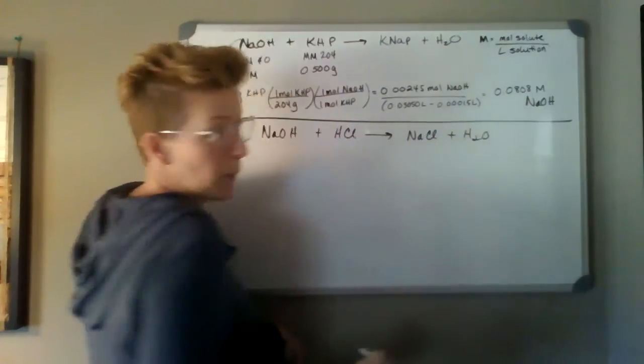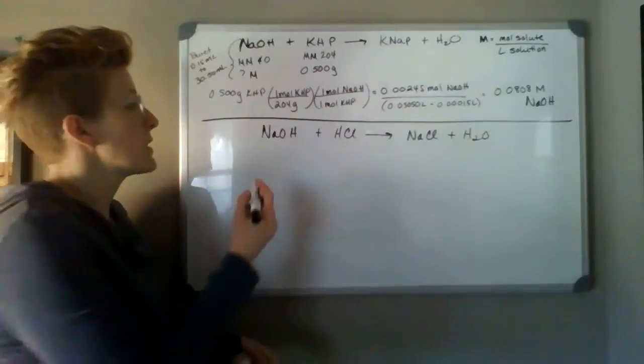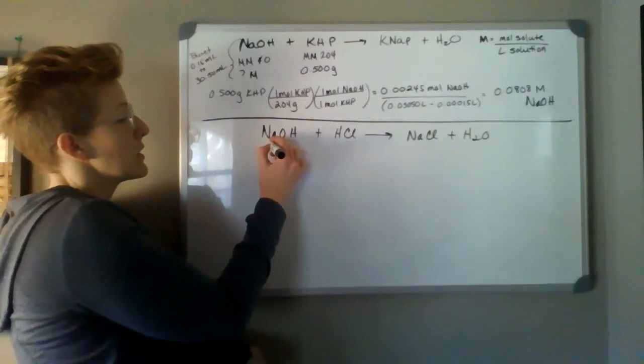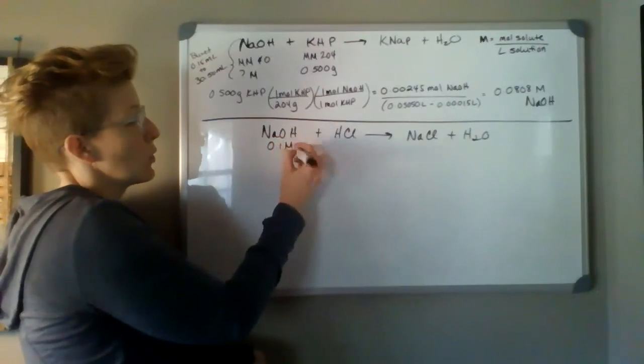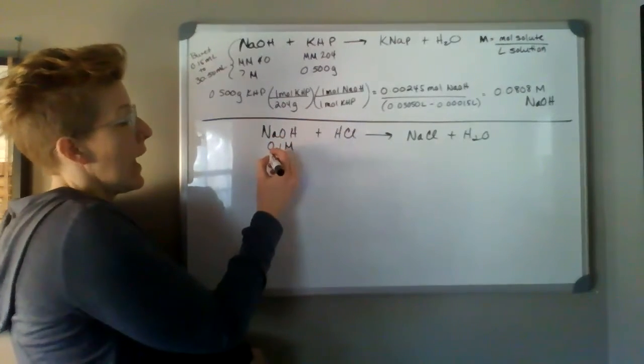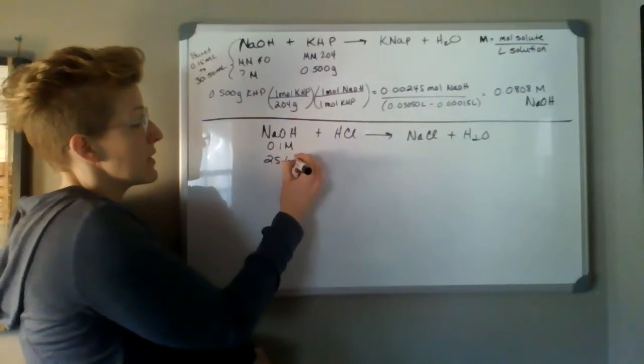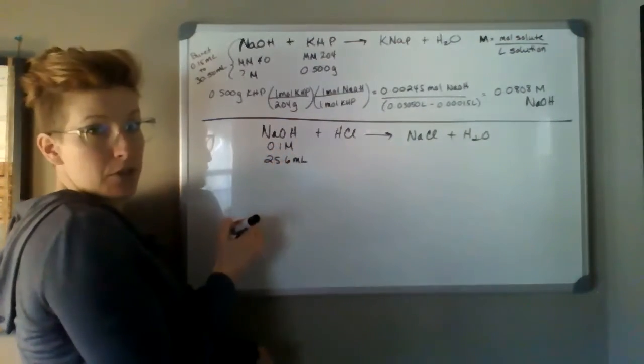So it's a 1-to-1. So say in a problem like this, you were given that you had, let's say 0.1 molar sodium hydroxide, and out of your burette, you dispense 25.6 milliliters, okay?